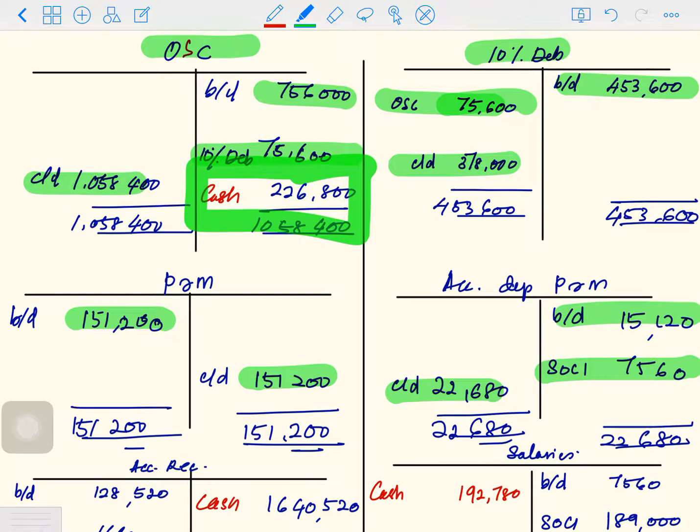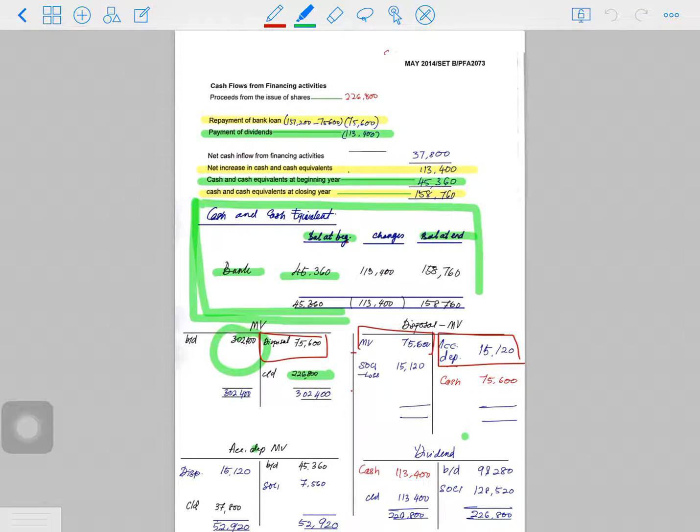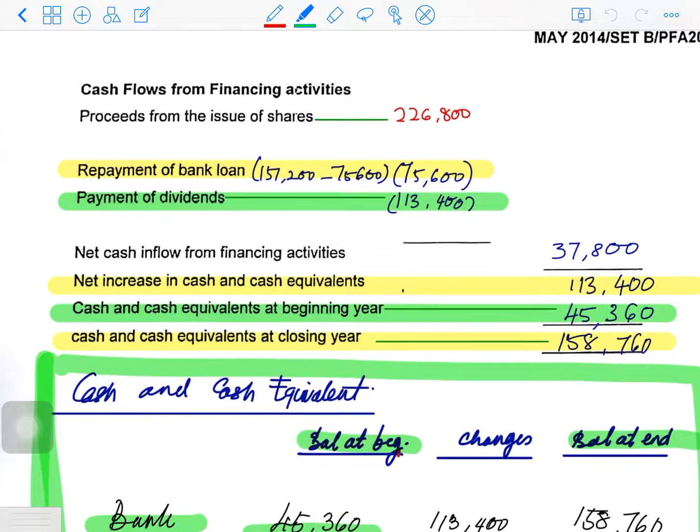So kat sini kita ada issue of share ni, kita dapat cash 226. Yang ni kita akan masuk dalam cash flow statement as financing activities. So maknanya dalam financing activities, proceed from issue of shares ni kita dapat 226,800, kan? Tapi kena tahu juga 226,800 ni ada premium ke tak, kan? Yang dia issue ni.